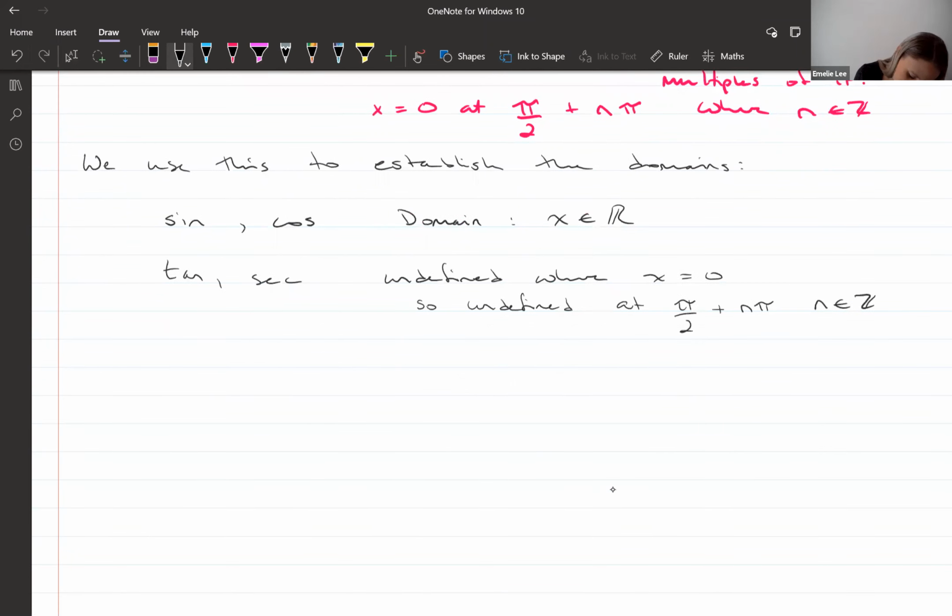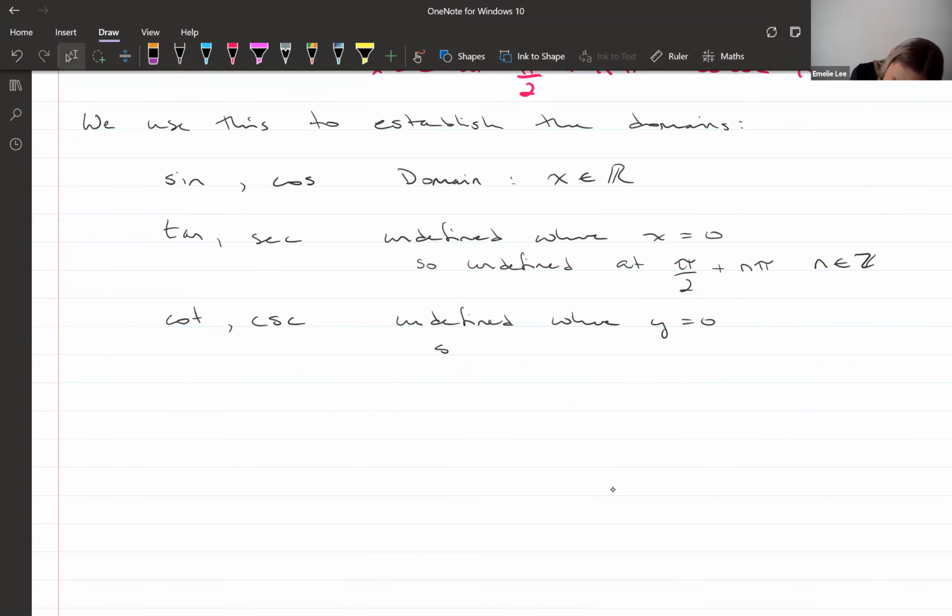And then the remaining two, cotangent and cosecant, are undefined where y is 0. So they're undefined at n pi, where n is in the set of integers. Look at us using our set notation from way back. Right?